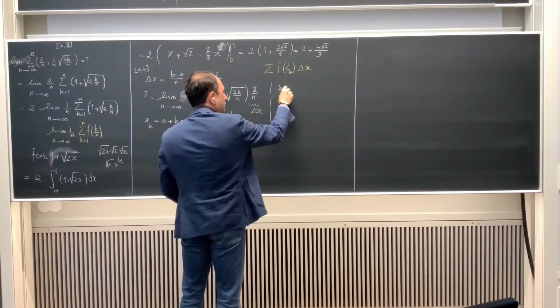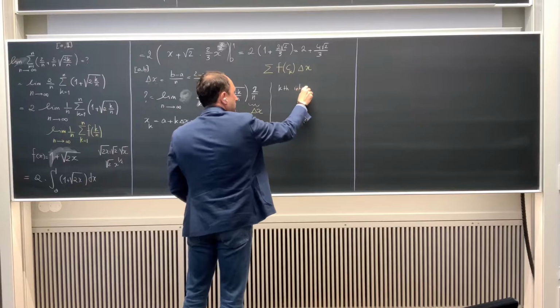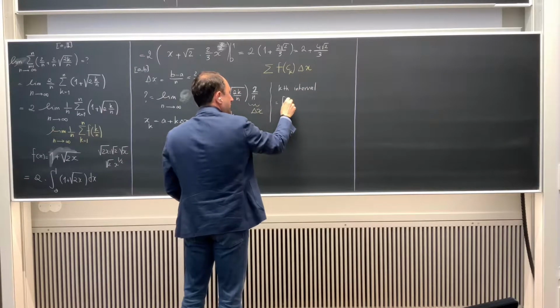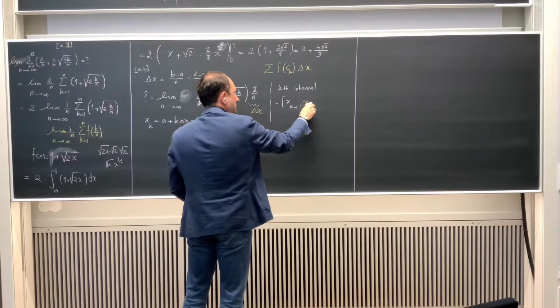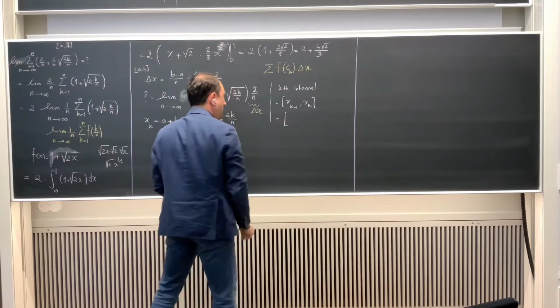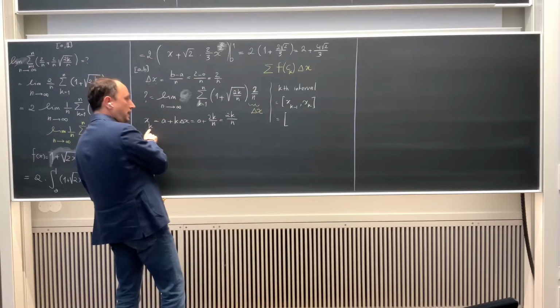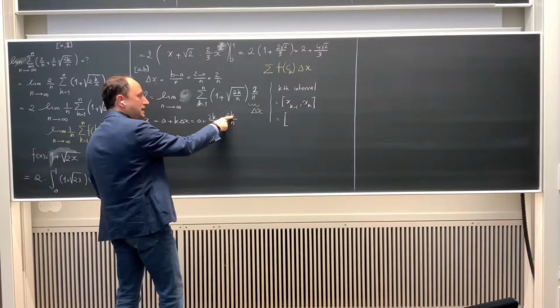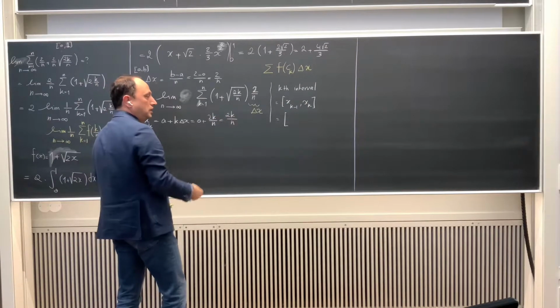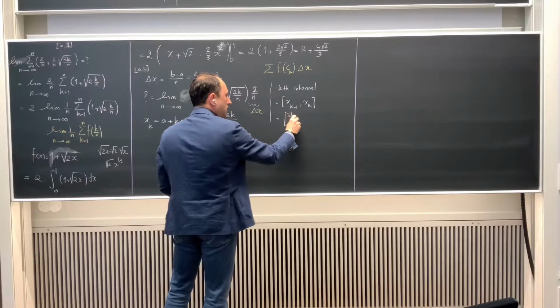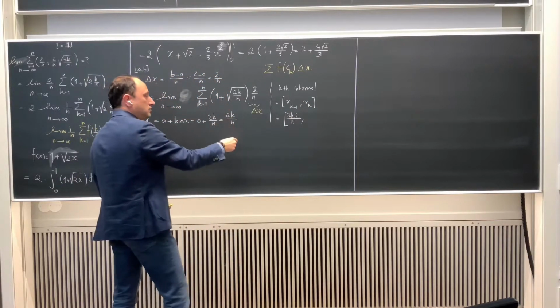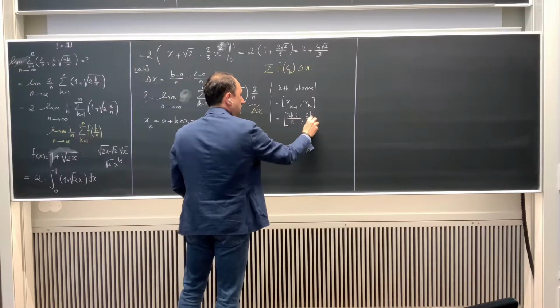The kth interval is always x sub k minus 1 to x sub k. But what is x sub k minus 1? I go to the formula for x sub k and replace k with k minus 1. When I multiply 2 in, it becomes 2k minus 2 divided by n. And x sub k is exactly 2k over n.